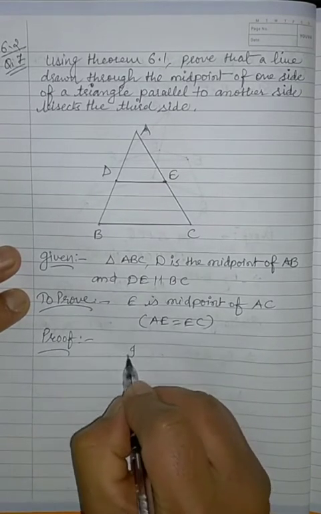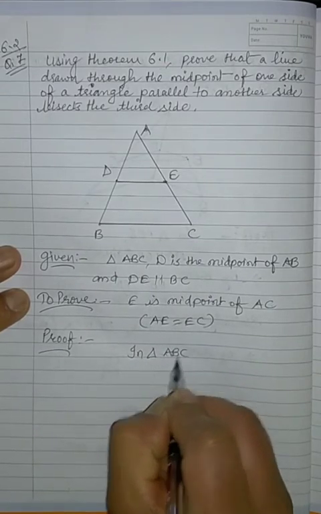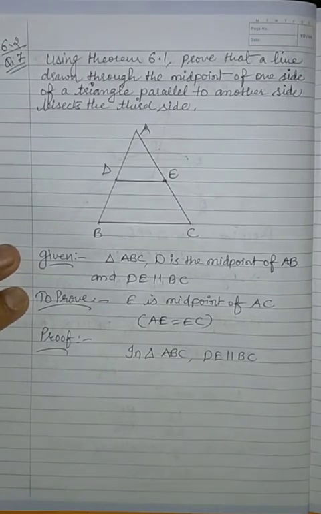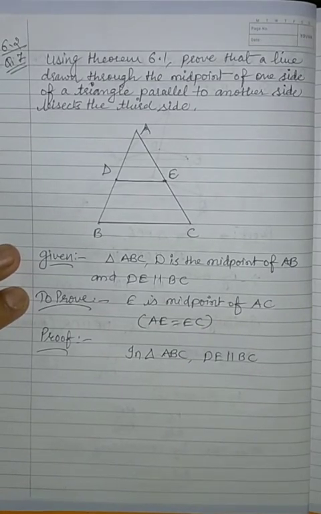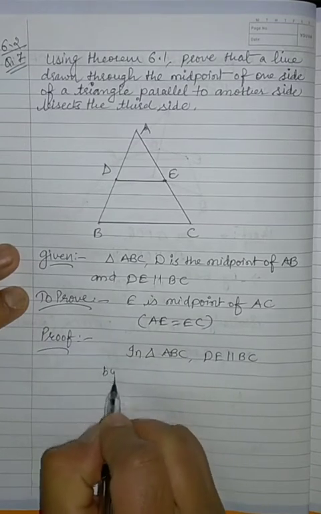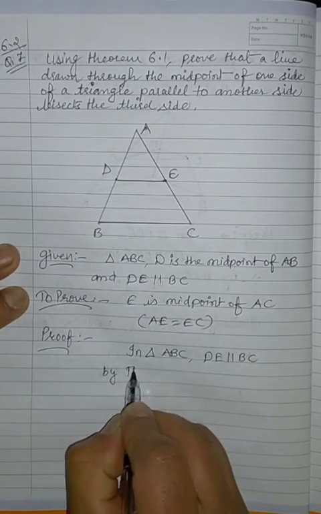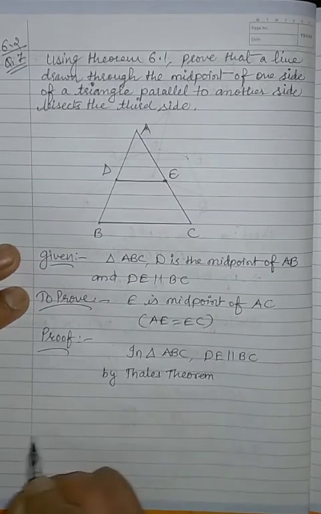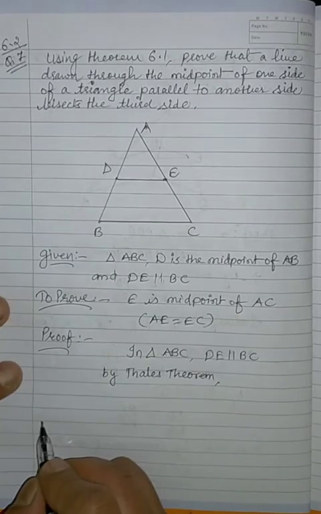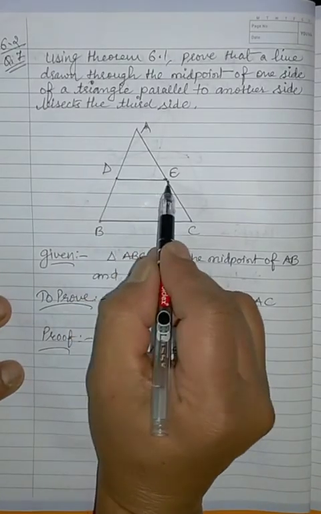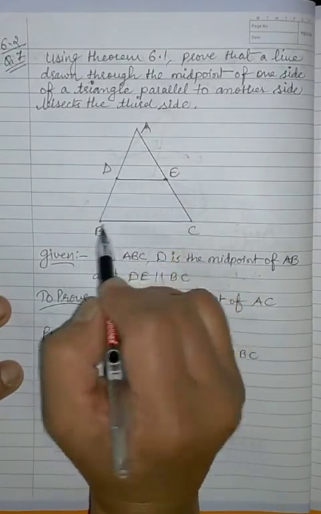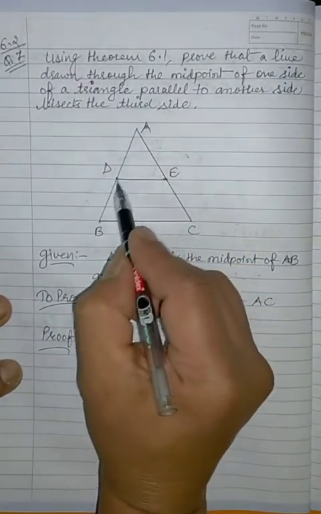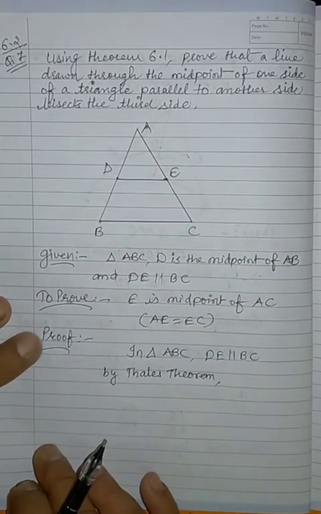So in triangle ABC we have DE parallel to BC, and by theorem 6.1, which is Thales theorem, BPT, we know that if a line is drawn parallel to one side of a triangle to intersect the other two sides in distinct points, then the other two sides are divided in the same ratio.